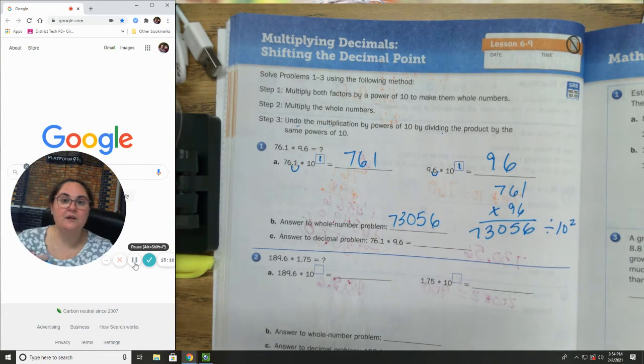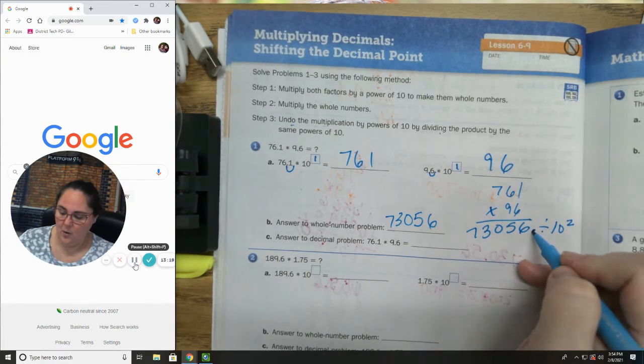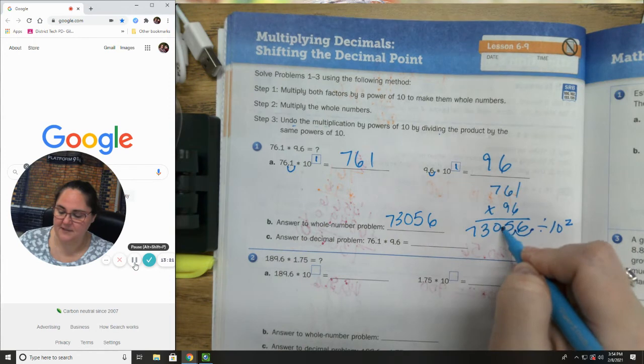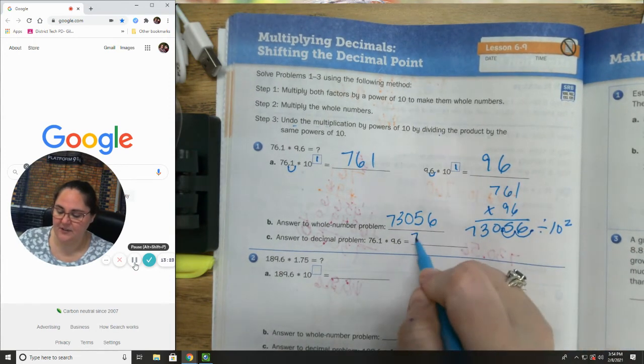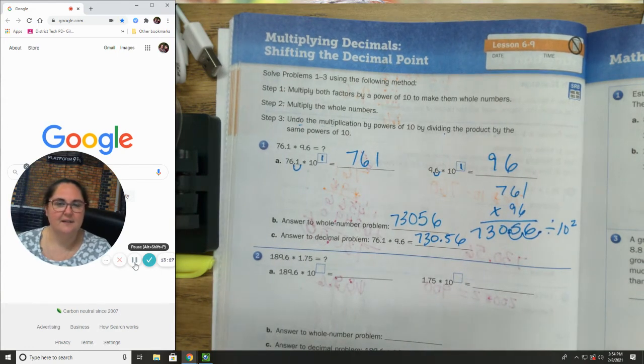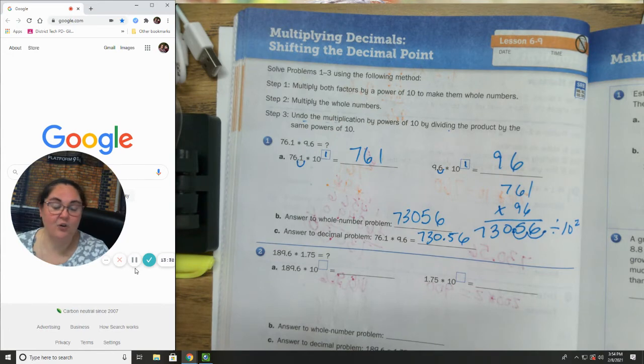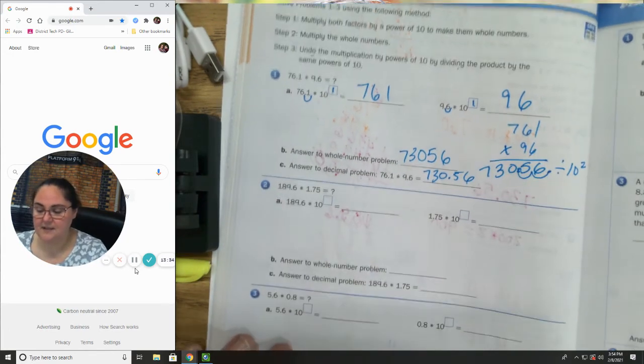Now, we learned that our powers method means I'm going to move that decimal to the left because I'm dividing: 1 spot, 2 spots. So my final answer would be 730.56. Does that make sense?